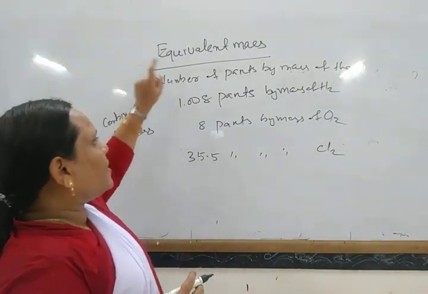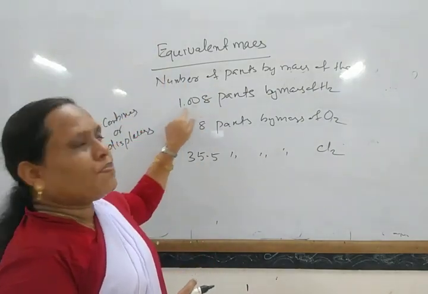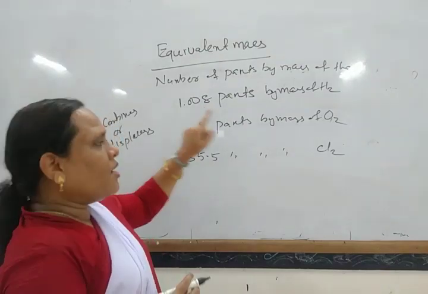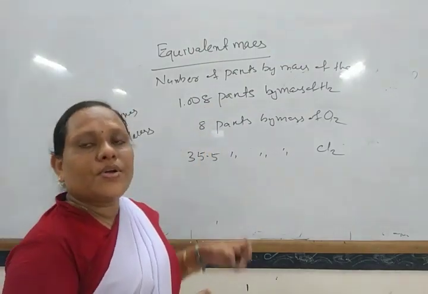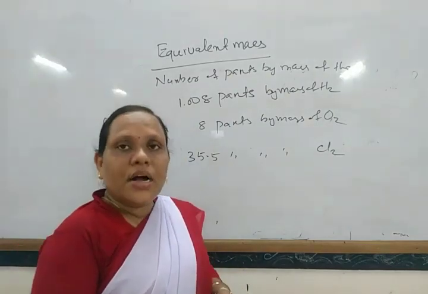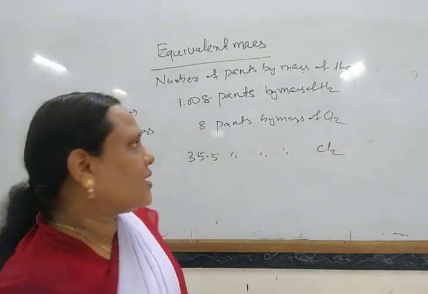So by combining with hydrogen, 1.008 parts, with oxygen 8 parts, with chlorine 35.5 parts, we can find out the equivalent mass of a substance.